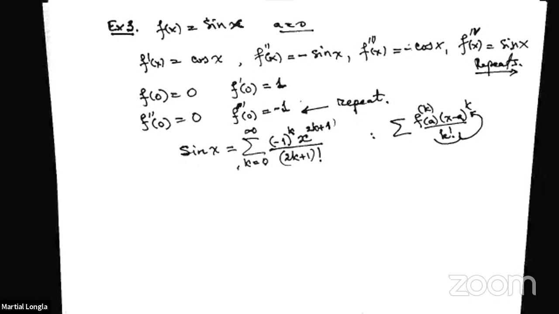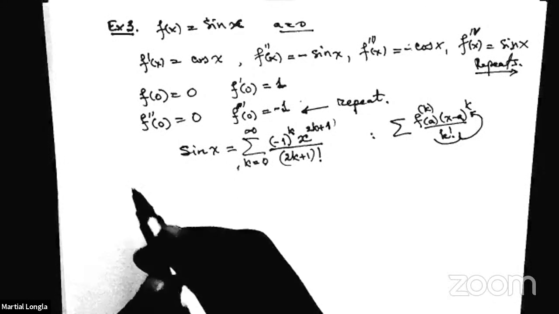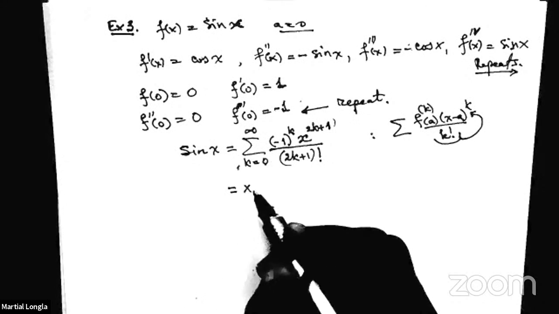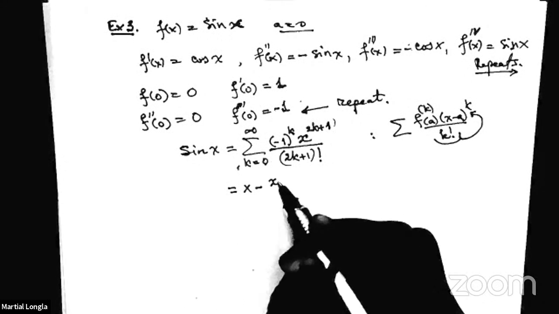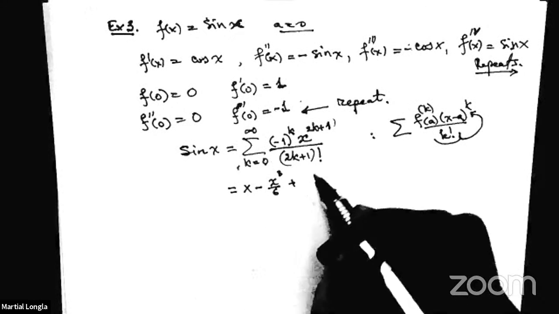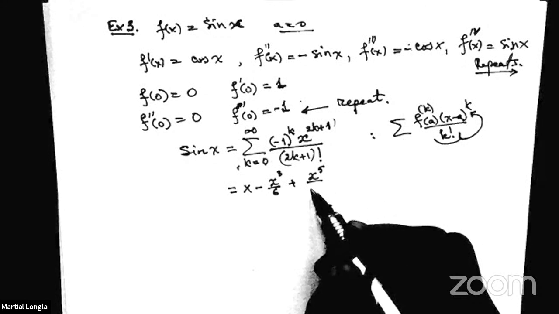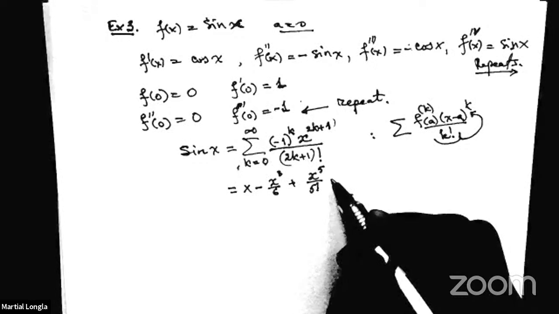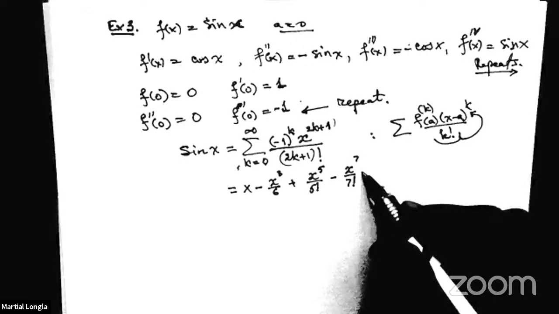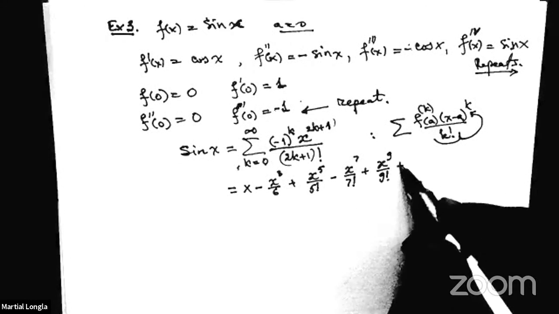All right, and now the question will be, what would be the interval of convergence? This thing is technically x minus x cubed over 6 plus x to the 5th over 5 factorial minus x to the 7th over 7 factorial plus x to the 9th over 9 factorial plus and so on.